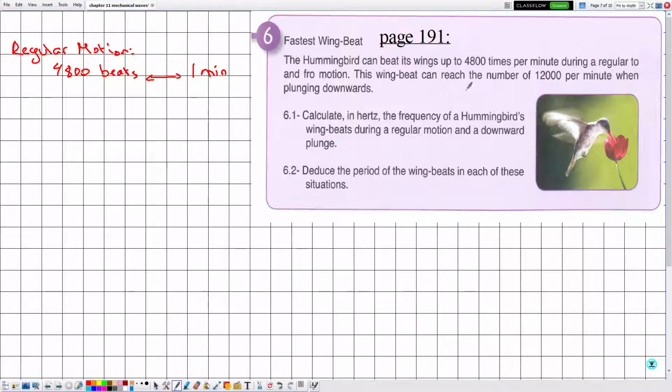This wing beat can reach the number of 12,000 per minute when plunging downwards. So during downward motion, the number of beats correspond to 12,000 beats corresponding to 1 minute.